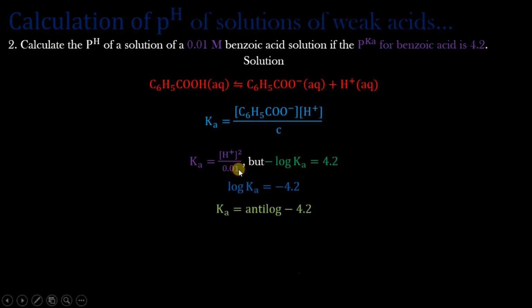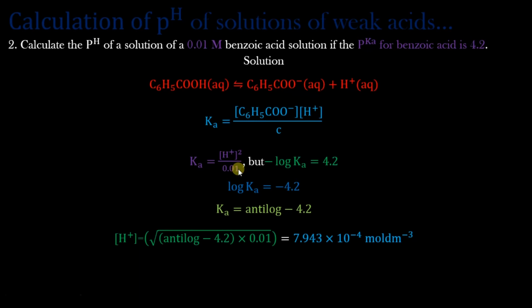So we proceed with that, and we find our molar concentration of hydrogen ions as 7.943 exponent negative 4 moles per decimeter cubed.